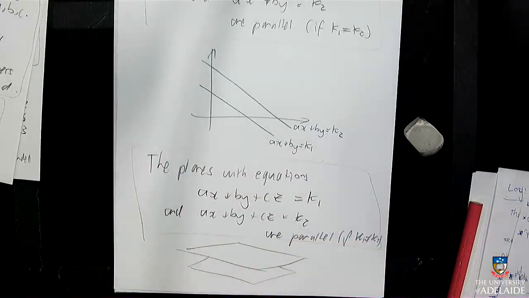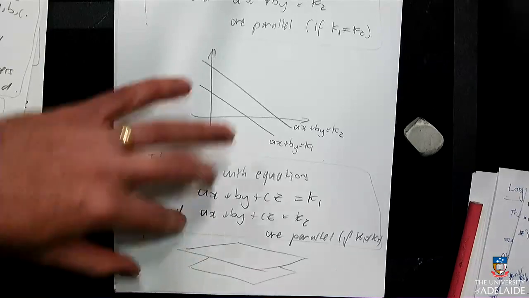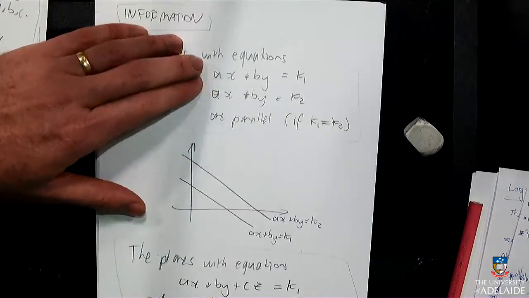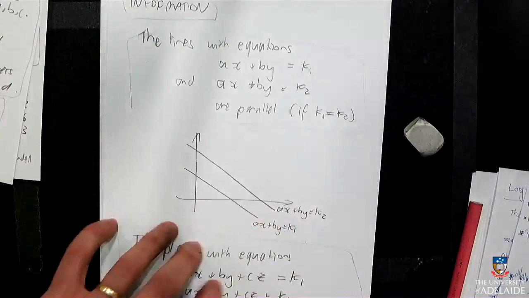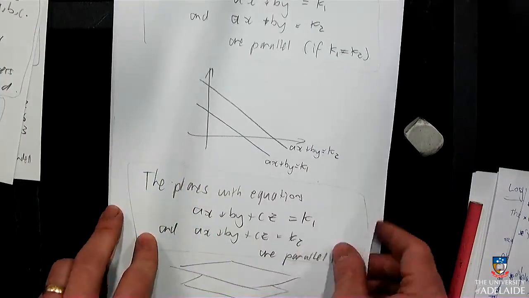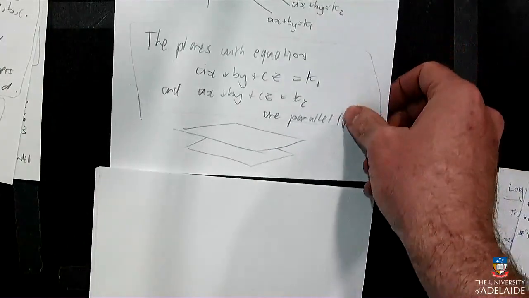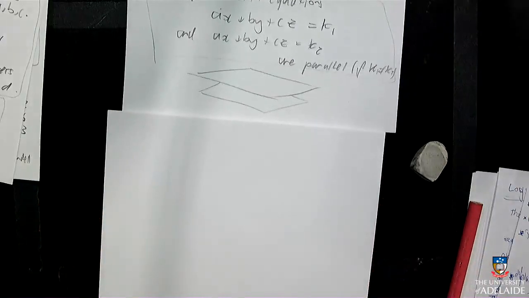So that's the first piece of information that we have. That parallelism happens when the two parts with the x, y, z are the same, but the numbers that they work out to are different. And also, if you multiply the entire equation by the same number, it's the same equation, because the same points will satisfy it. So look at this.